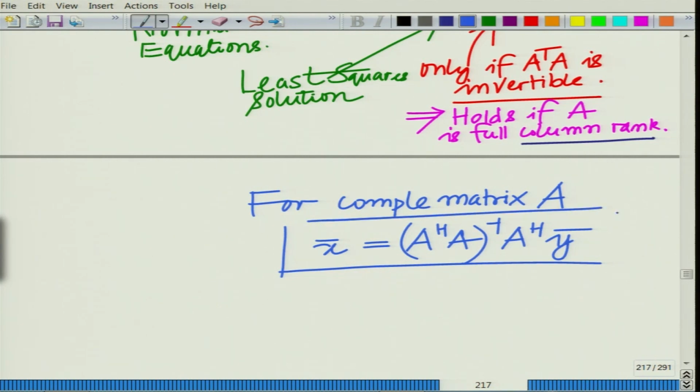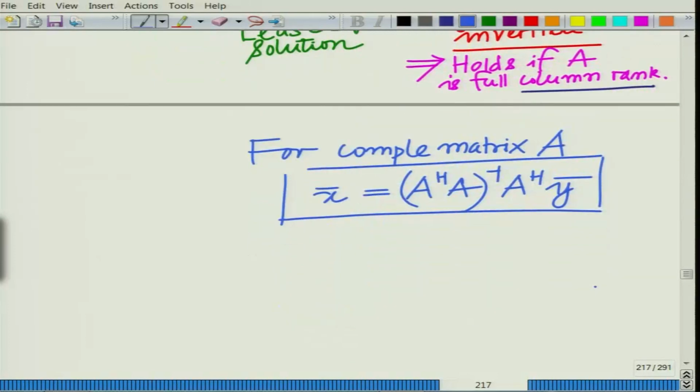In fact, complex matrices occur more frequently in wireless communication examples, because the channel is a complex quantity when we look at it in the baseband. So, the matrices can naturally also be complex.